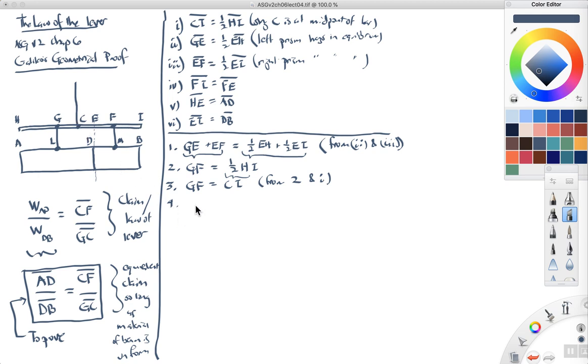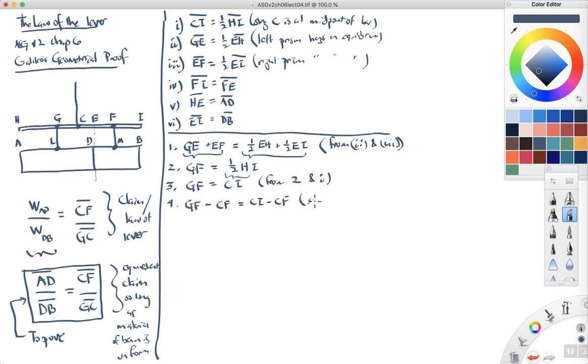Okay, and now we're going to subtract the distance CF from both sides of equation 3. So we take GF, that is this distance right here, and subtract off this distance right here, GF minus CF, and that has to be equal to CI minus CF.